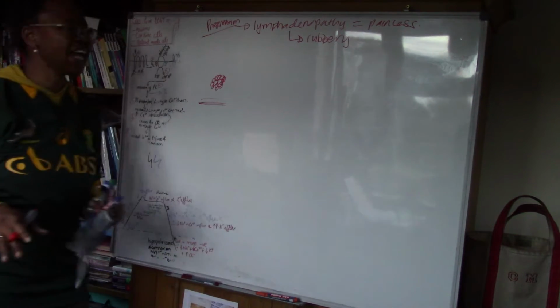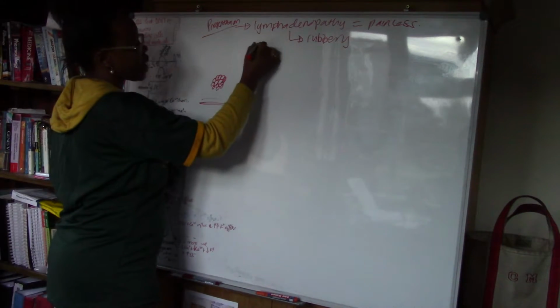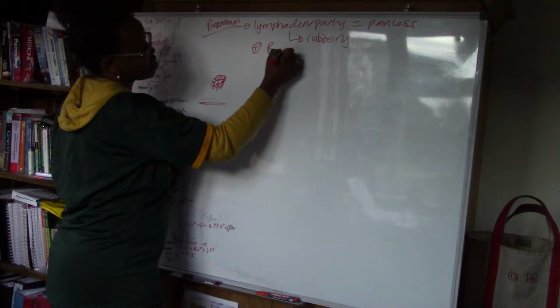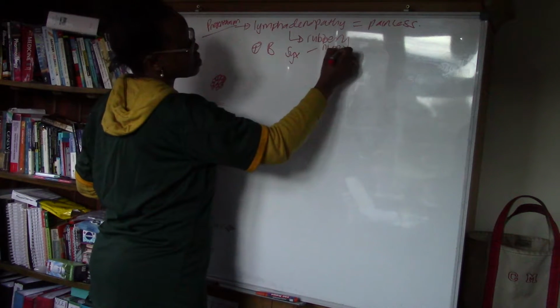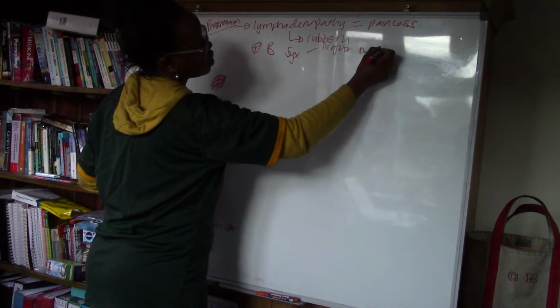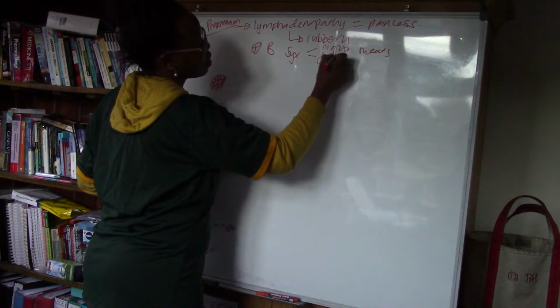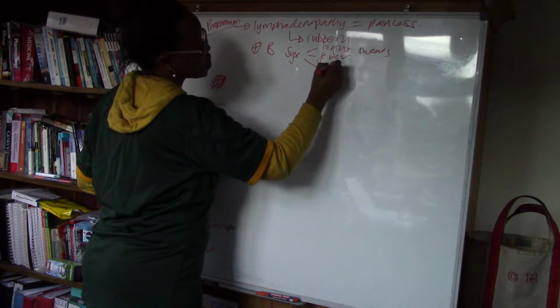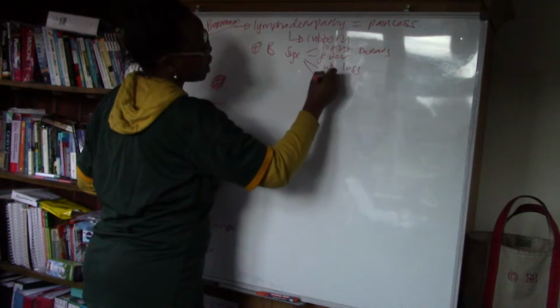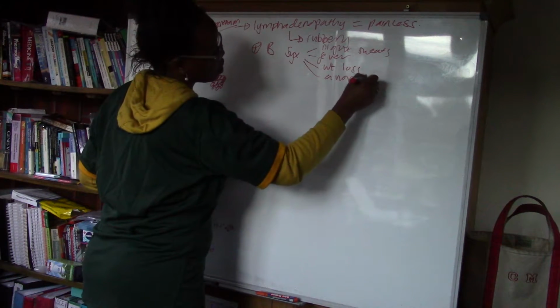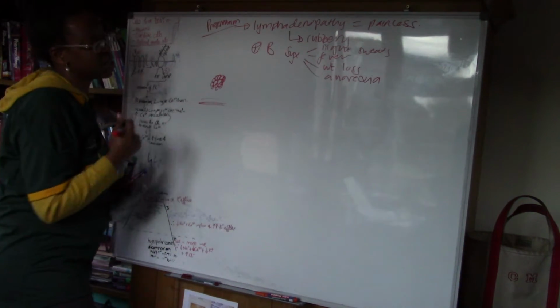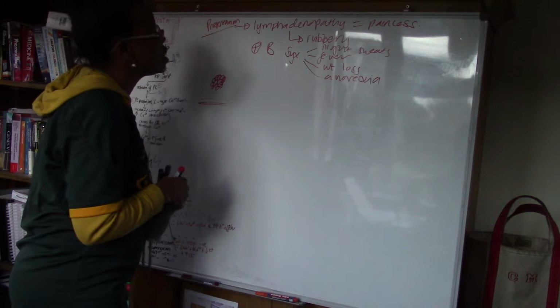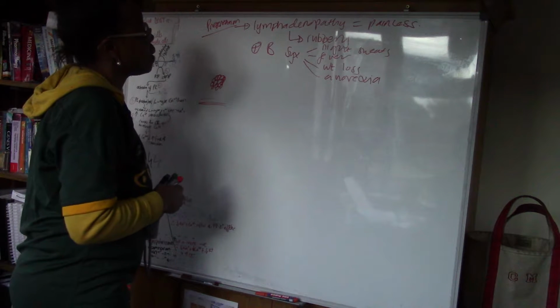They might also have additional B symptoms, which include night sweats, fever, weight loss, and anorexia. However, not all of them will have B symptoms. For example, Burkitt's lymphoma does not always have B symptoms.